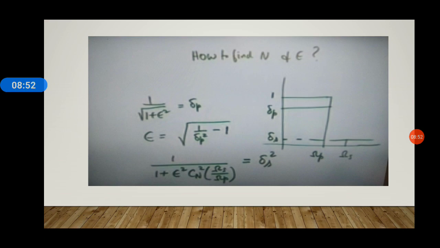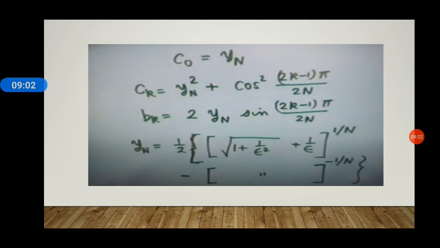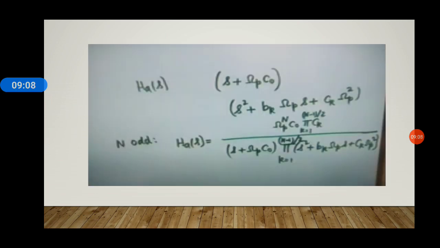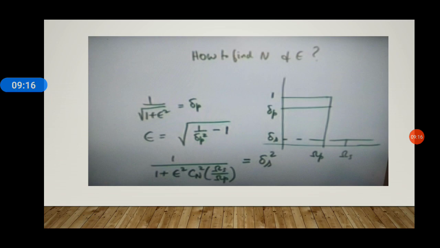Now how to find n and epsilon? See, this HAS is dependent on n and epsilon. BK and CK are again dependent on n. C0 is dependent on Yn, which is dependent on epsilon. So the two things that we need to write our HAS are n and epsilon.